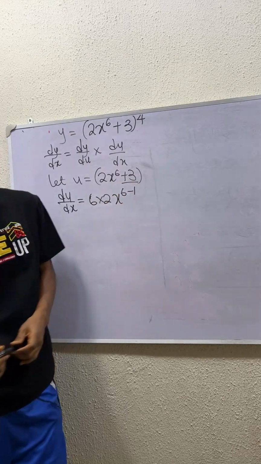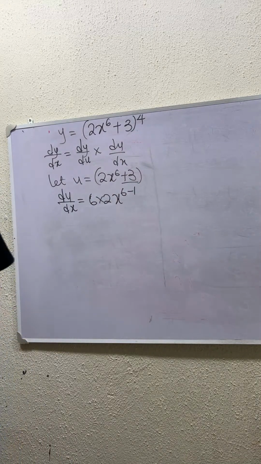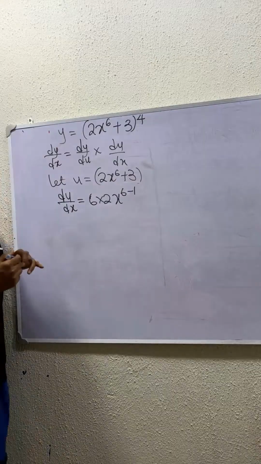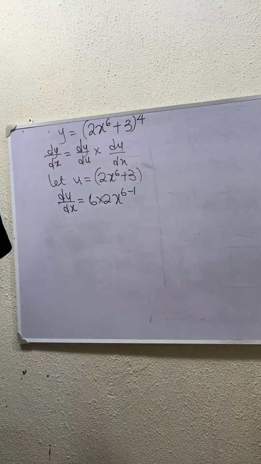When you differentiate a constant, you get 0, so there is no need of writing it.